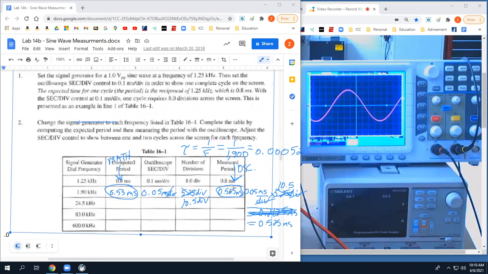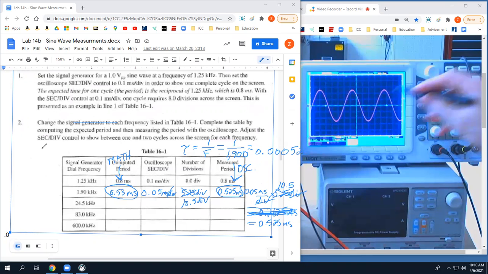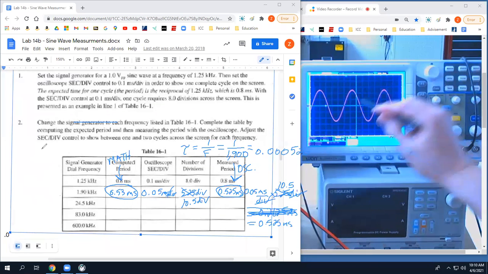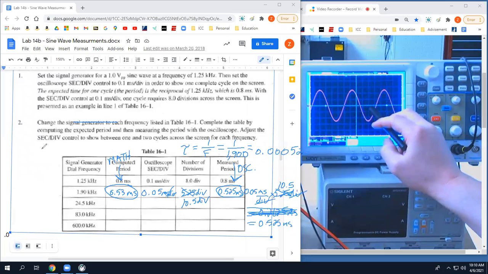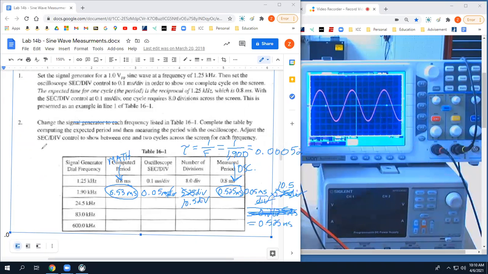So what Corey's saying is if he did 0.1 milliseconds per division, and he counted one cycle, 1, 2, 3, 4, 5.25, so 5.25 times 0.1, you're going to get the same number, somewhere around 0.53 milliseconds. Got it? Good.